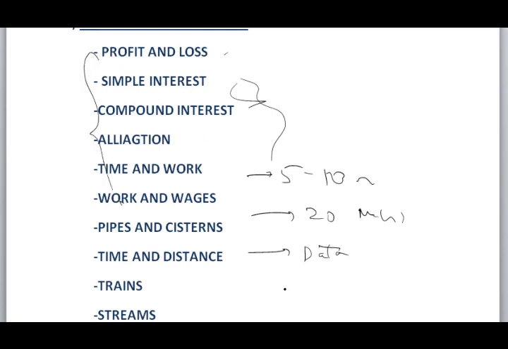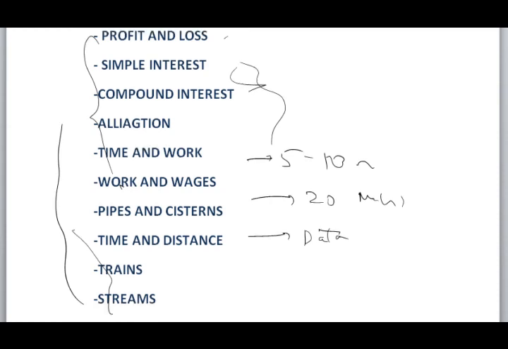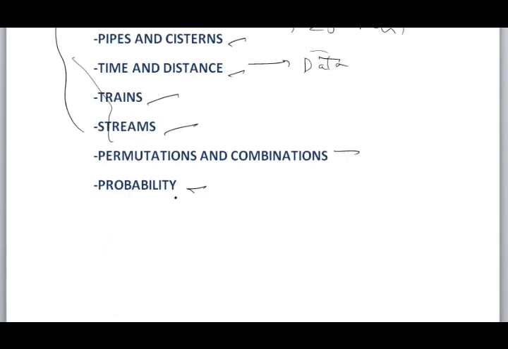So before writing any mains examination, you need to have a good idea about these miscellaneous chapters. So what are those chapters? Profit and loss, simple interest, compound interest, allegation, time and work, work and wages, pipes and cisterns, time and distance, trains, streams, permutation and combination, and probability.